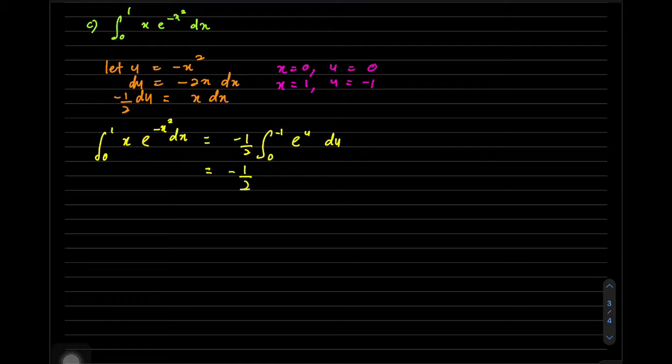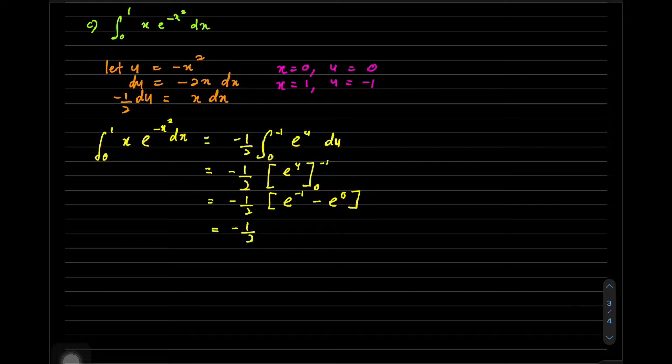Next, negative 1 over 2. When you integrate e power of u, it is equivalent to e power of u as well. So, e power of u with the limit of 0 until negative 1. Then, negative 1 over 2, e power of negative 1 minus e power of 0.